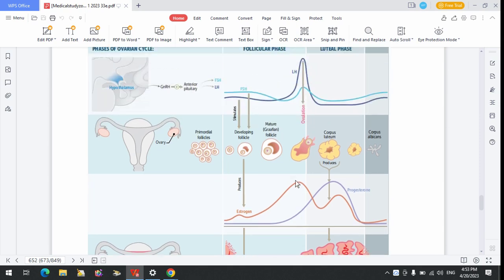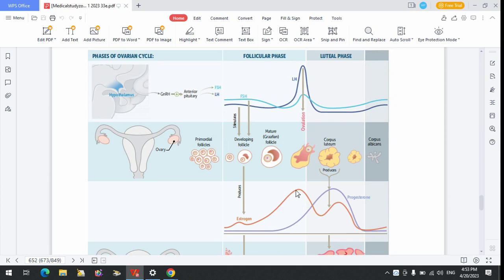With time, as the estrogen level is rising, because estrogen normally inhibits the level of FSH and LH, that's why you can't have LH increasing at a very high level. It can't get high because this estrogen will be there to bring it down. Estrogen too is increasing because development of these follicles will produce estrogen.